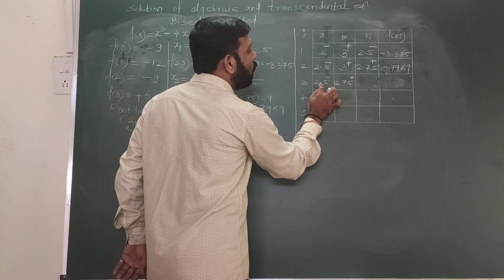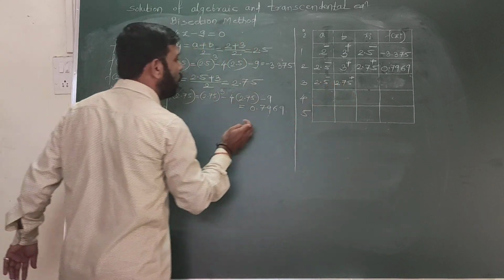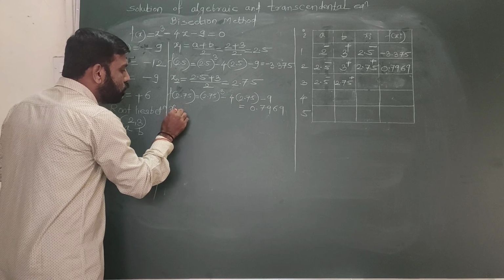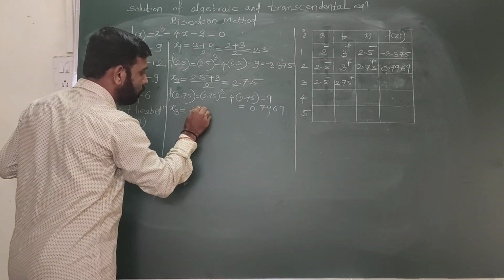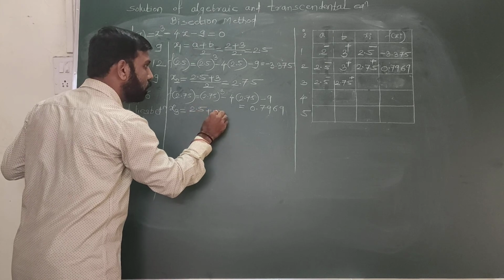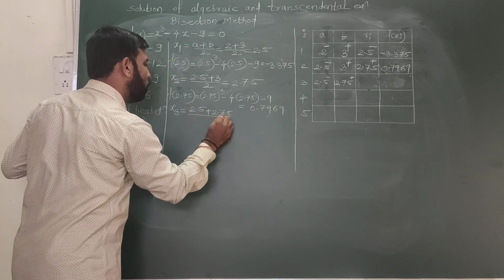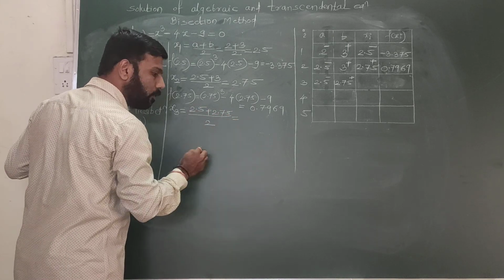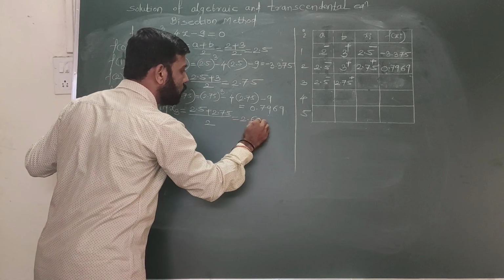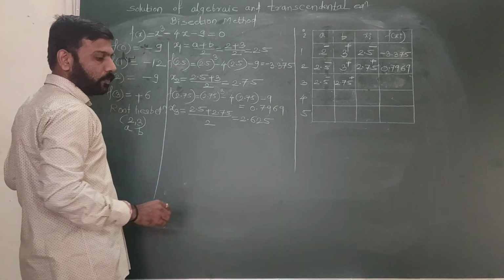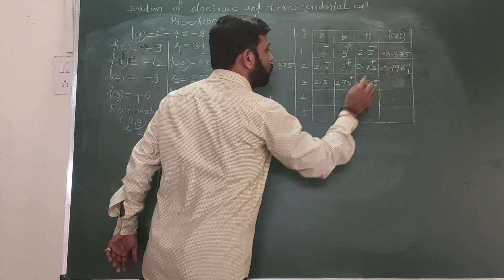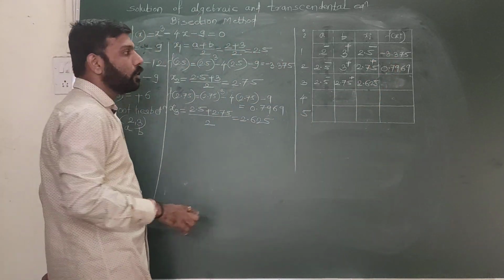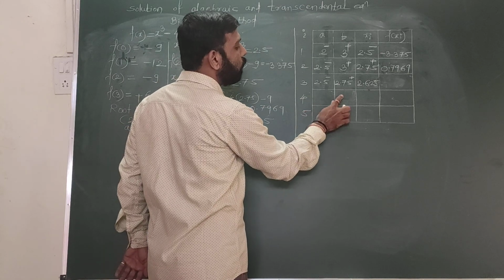So this becomes our next A and B values. So we find x3 equal to A plus B upon 2, and that value is 2.625. Substitute 2.625. Again, for the next approximation we require A and B values.